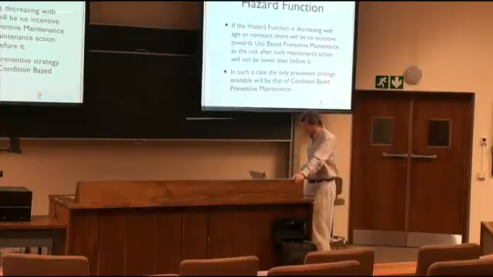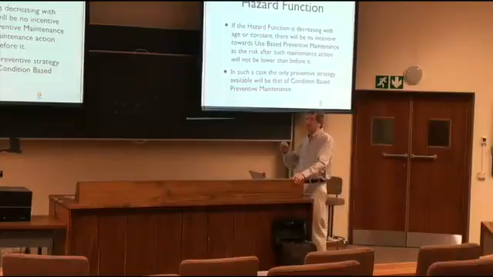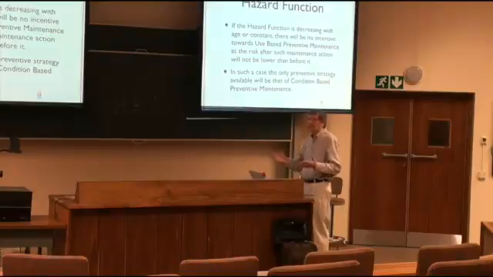In such a case, the only preventive strategy available will be that of condition-based preventive maintenance. That's just the point that we want to make. The only strategy that you can follow is condition-based maintenance. Nothing else. In other words, you must monitor, try to find out when something will go wrong. In many cases, you can't even do that. Look at electronic components.